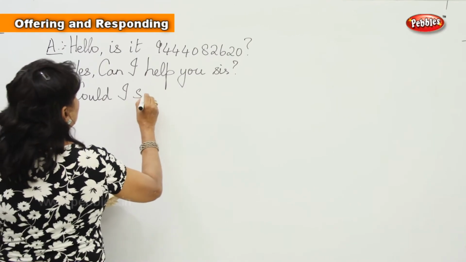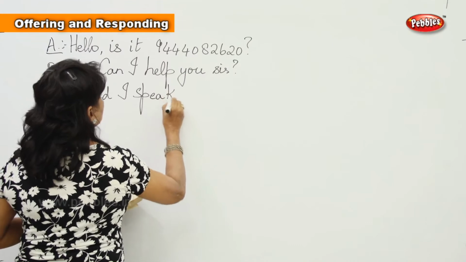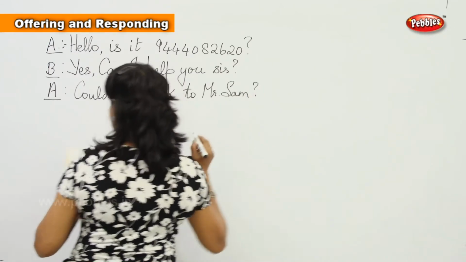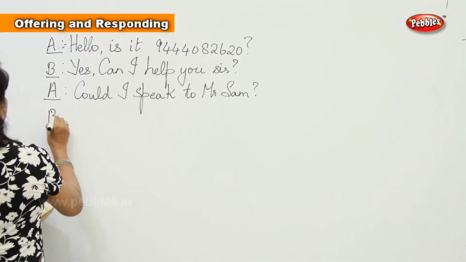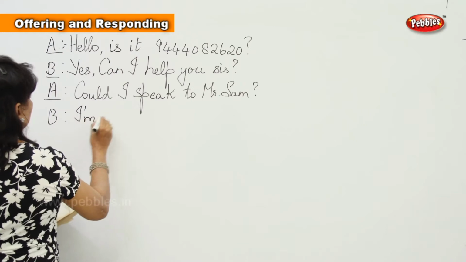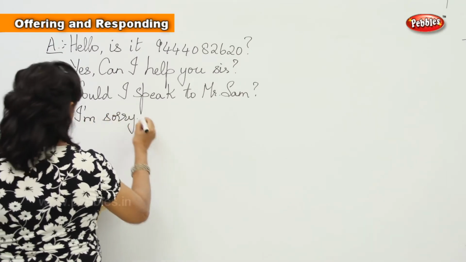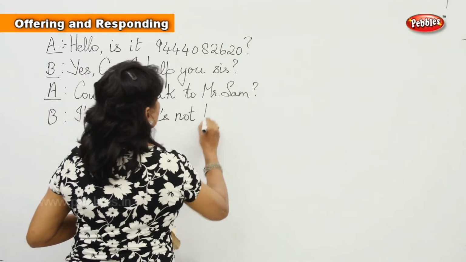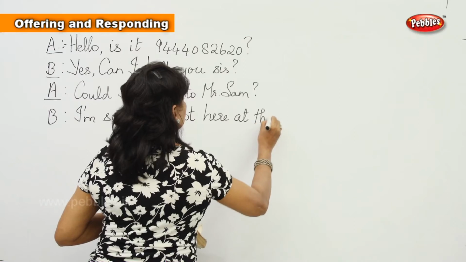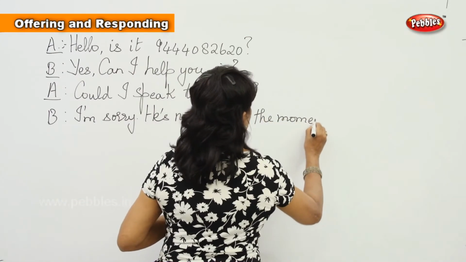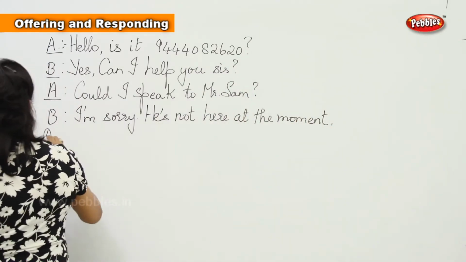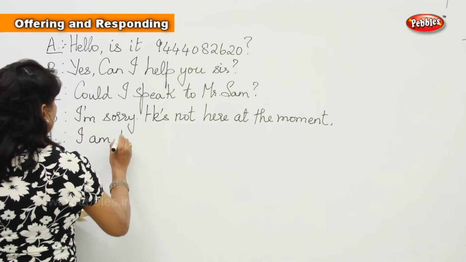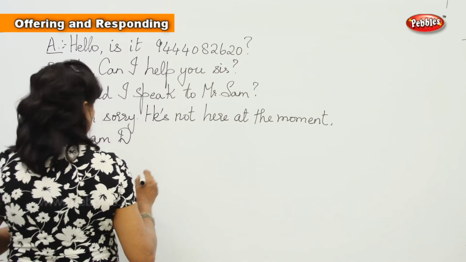Could I speak to Mr. Sampath? B says, I'm sorry, he's not here at the moment. Then again A says, okay.